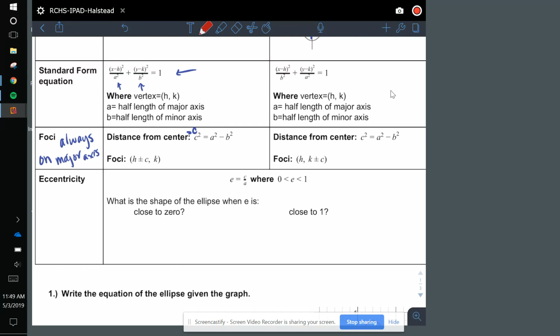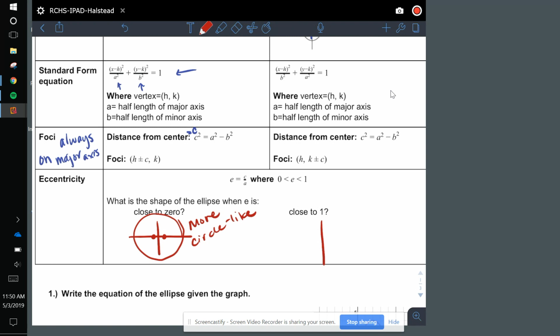And if the E value is closer to 0, it means that the foci are closer together, or closer to the center point, which means that you're going to have more of a circular shape. Not quite a circle, but more circle-like.